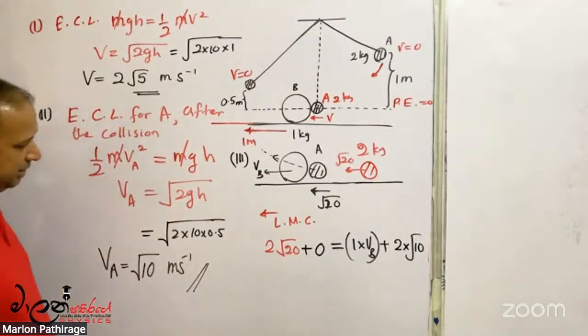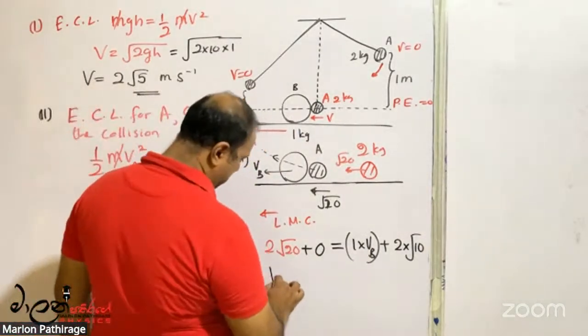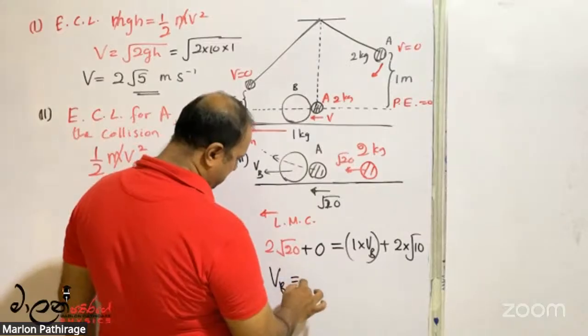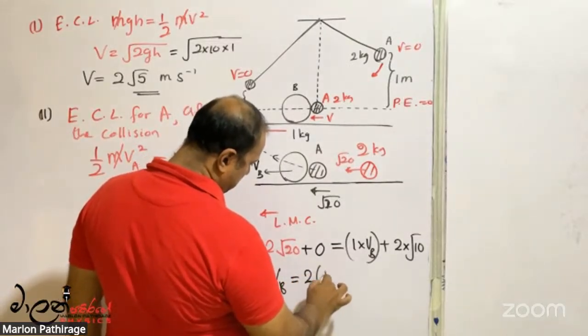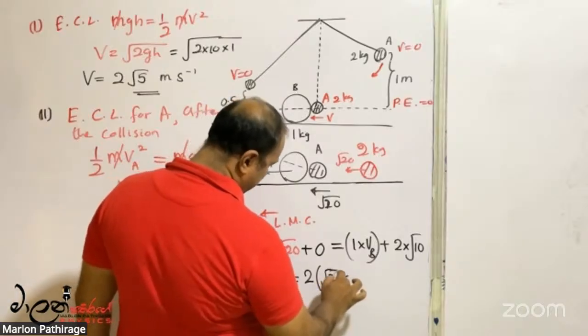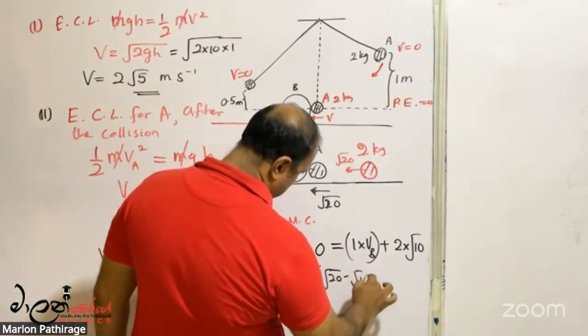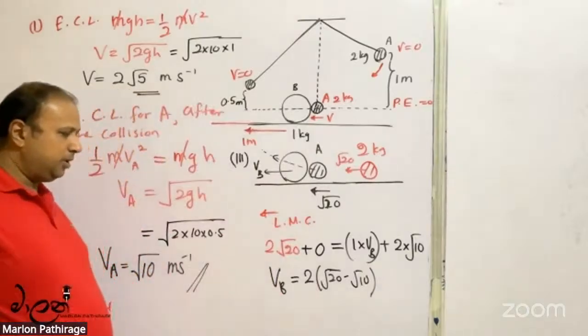Therefore VB is equal to 2 times √20 minus √10.